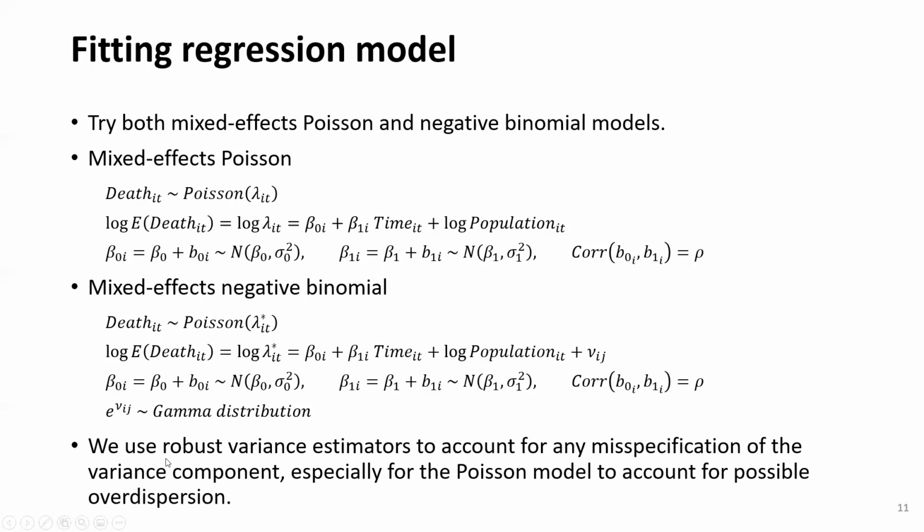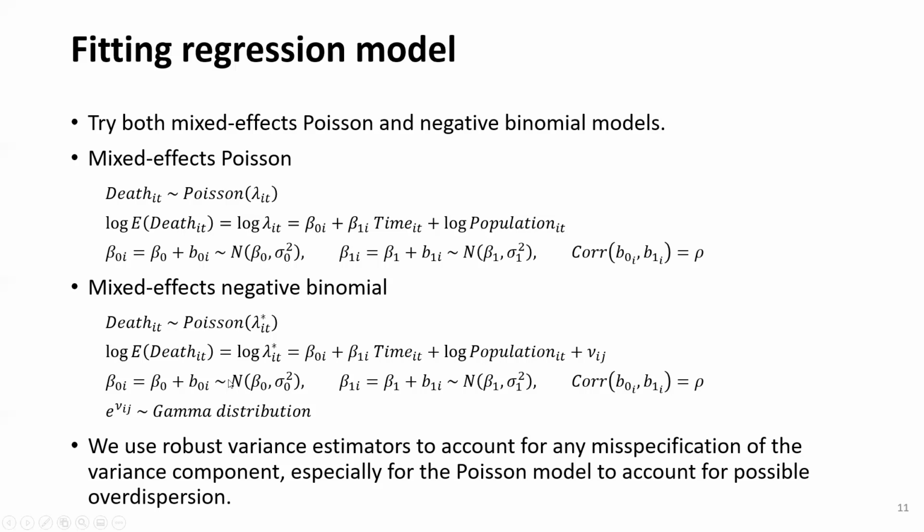We use robust variance estimators to account for any misspecification of the variance component, especially for the Poisson model, since we usually expect overdispersion. By applying robust variance estimators, this part will be incorporated.